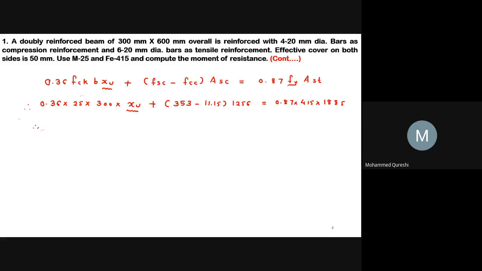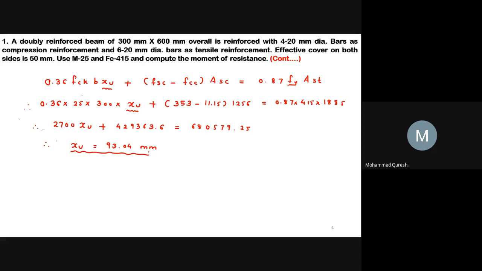So here we will get 2700 XU plus 429363.6 equals 680,579.25. So after solving this equation, we will get the value of XU as 93.04 mm.